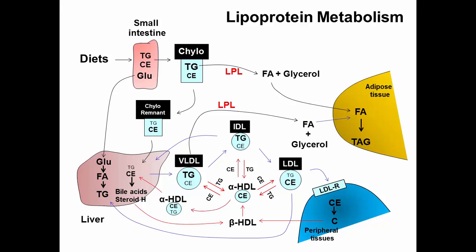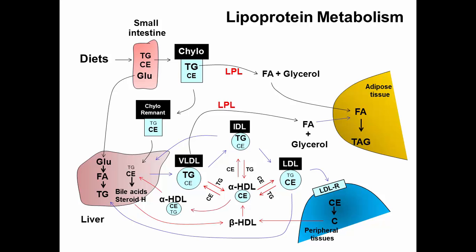Okay, now let's look at the IDL, right? So IDL basically is related to the VLDL, because it's sort of a remnant of VLDL. Once the VLDL triglyceride is picked up by adipose tissue, then VLDL becomes the remnant, which is IDL, right?